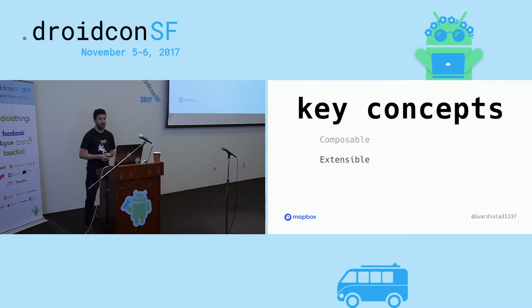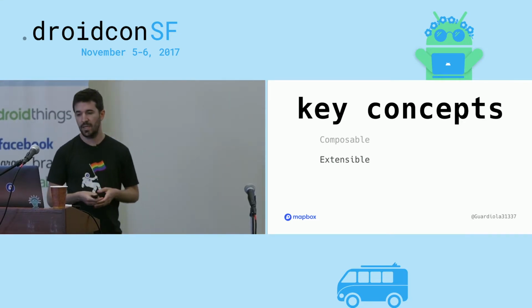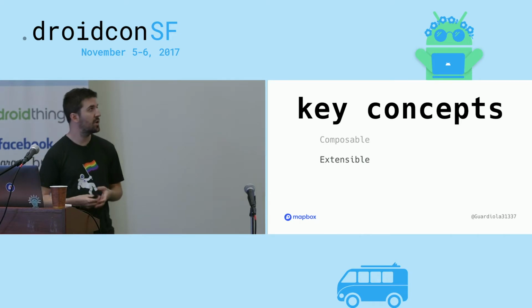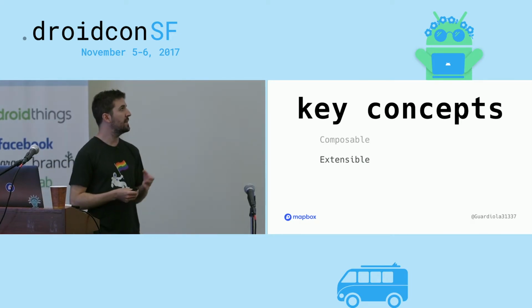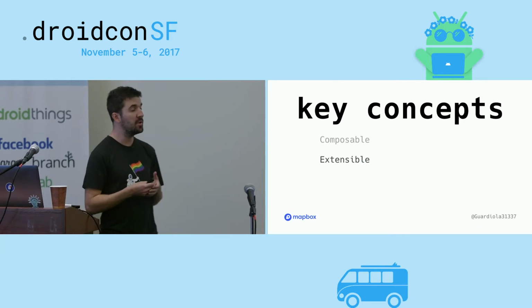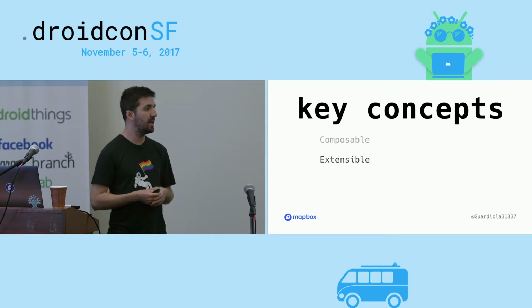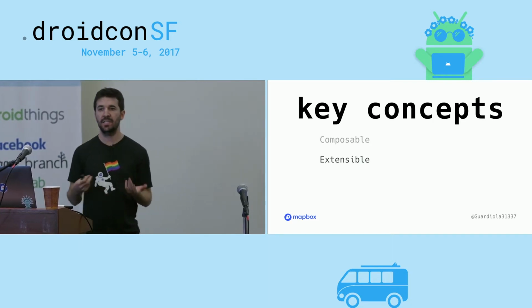Another key point for this presentation is that a well-designed DSL needs to be extensible. So it allows us to add new operations and change the semantics of the existing ones in an easy way.